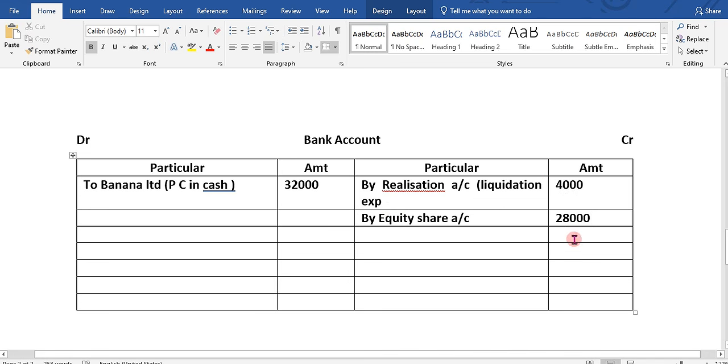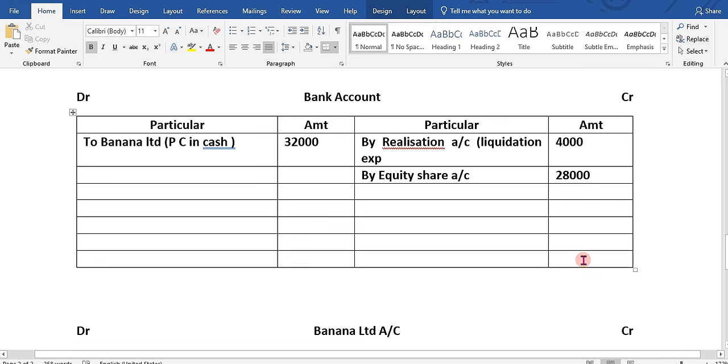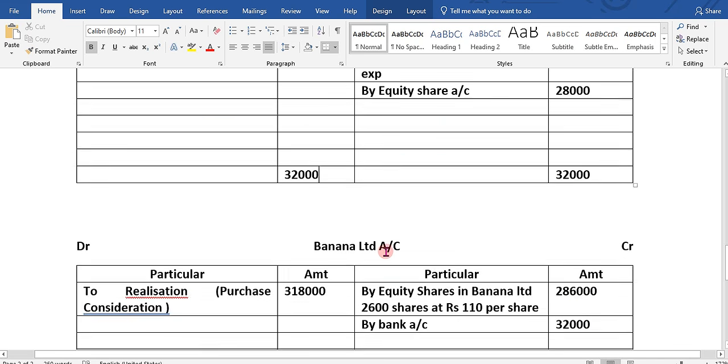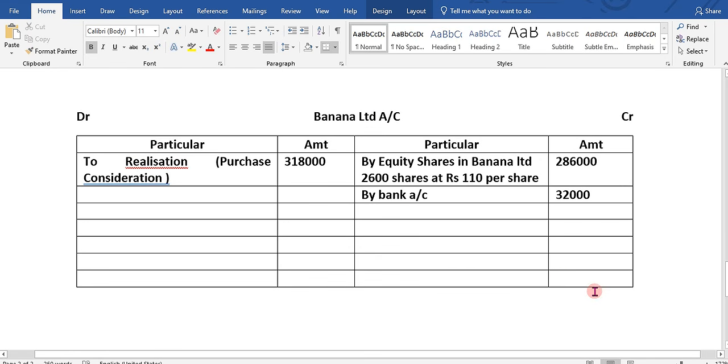So 4,000 plus 28,000 total is 32,000. Here the debit side is also 32,000, so both the sides tally. Now remaining we will close.